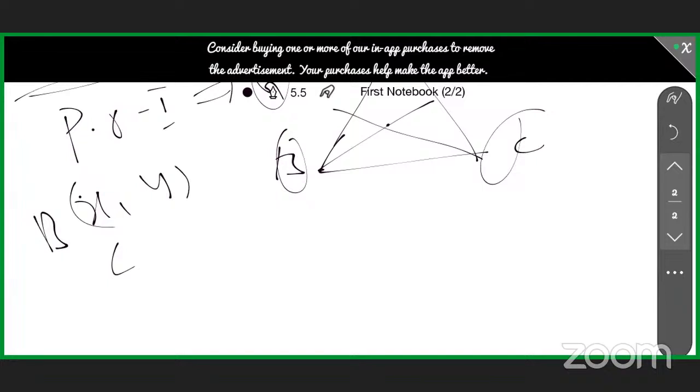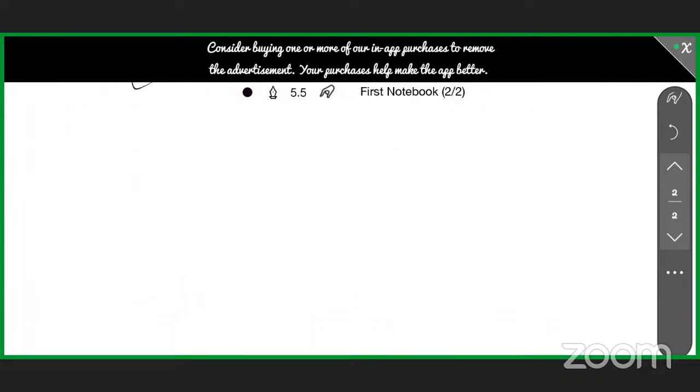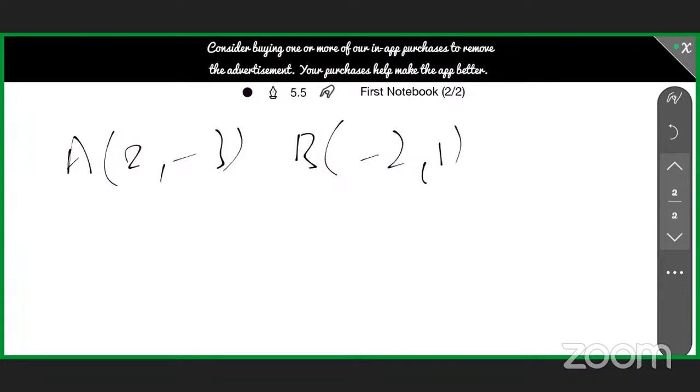This question is very easy, the first question, but a little tricky. Let us see how you will try to answer this one. A(2, -3), B(-2, 1) are vertices of triangle ABC. Triangle ABC's vertices are this one: A(2, -3), B(-2, 1).